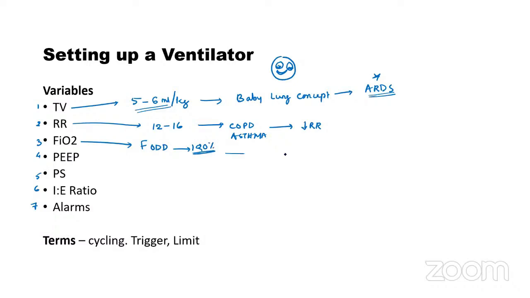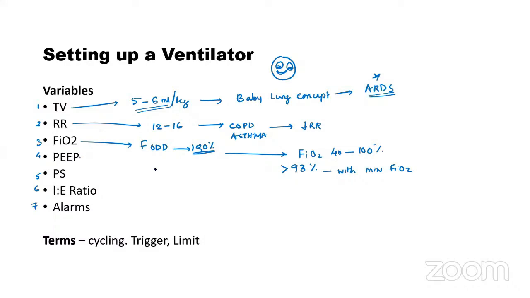So we keep anything between 40% to 100%. The idea is saturation should be more than 93% at least with minimum FiO2. Okay. Now please see the next one.